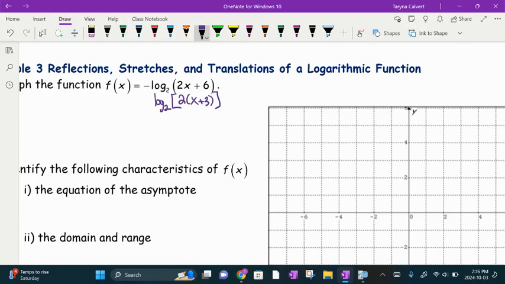So yes, there's a horizontal translation of 3 to the left, and there is also a reflection over which axis? X-axis. Perfect. And technically, if you forget to factor out the b value, what are you also messing up?